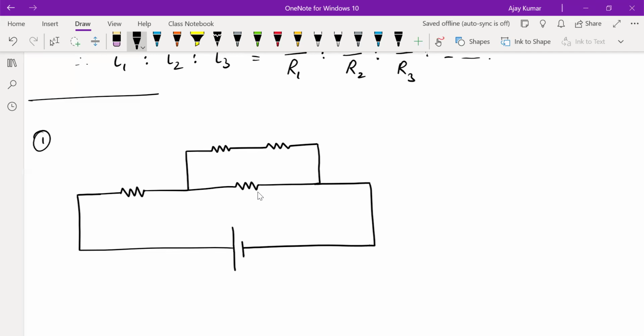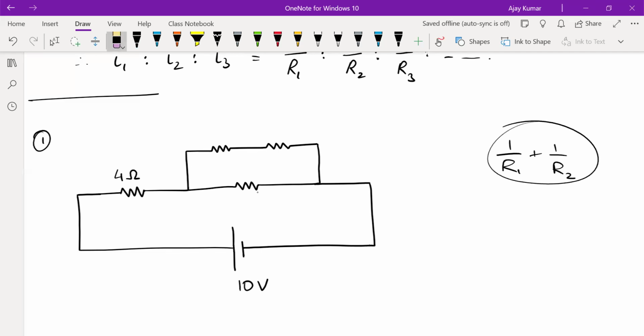So it will be 1 by R1 plus 1 by R2. What is this? You are saying R effective is equal to 1 by R1 plus 1 by R2.